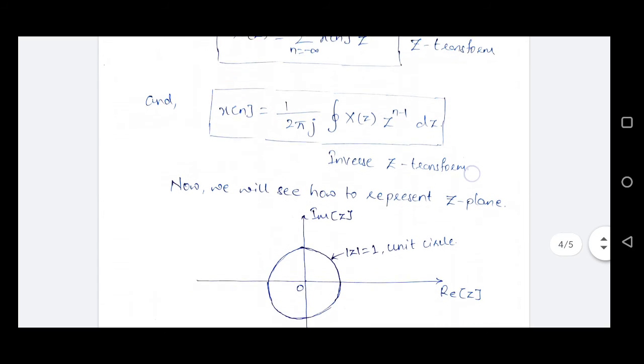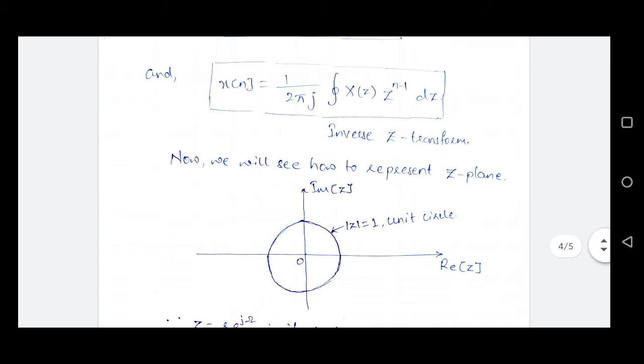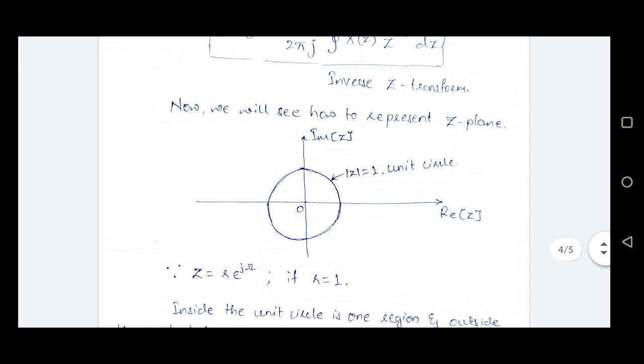And now we'll see how to represent the Z plane. Just like the S plane, the Z plane is also two-dimensional. On the y-axis we represent the imaginary values, and on the x-axis we represent the real values of Z. Because we are representing Z in the polar form, r e to the power j omega, r will be the radius.